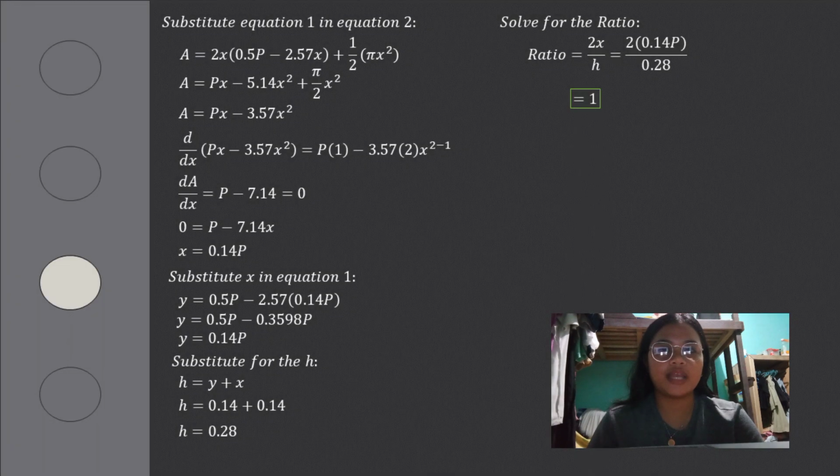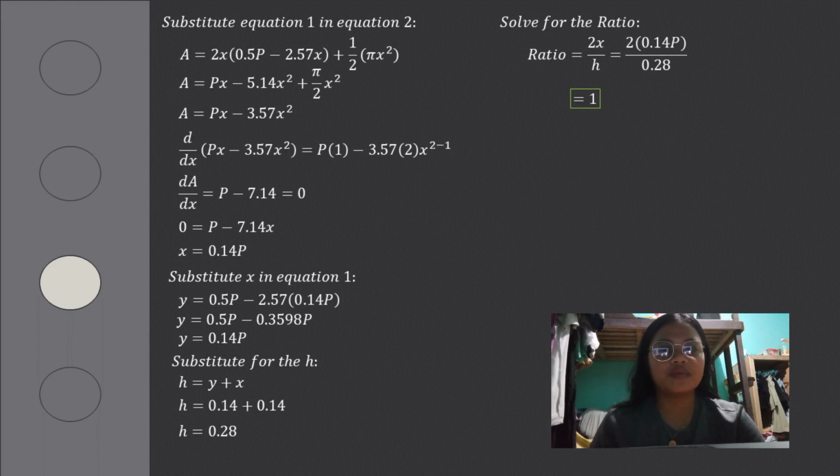Substitute equation 1 in equation 2. A equals 2x times 0.5P minus 2.57x plus 1 half times pi times x squared. Nahimo siyang A equals Px minus 5.14x squared plus pi over 2 times x squared.